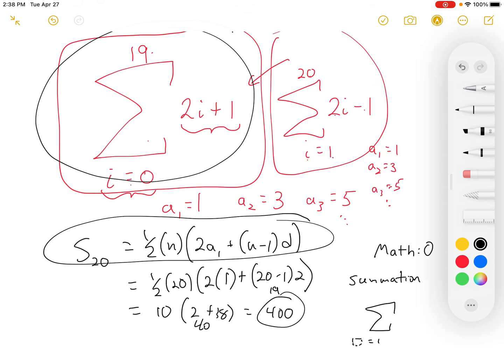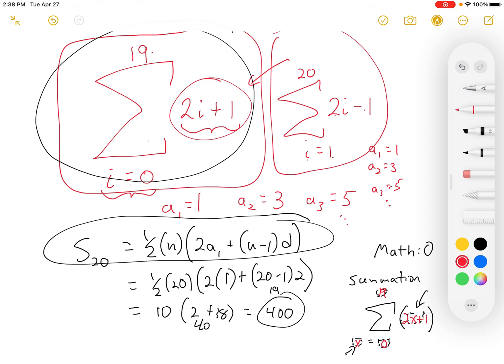You get a box equal a box over a box, and then you have parentheses with a box. So what goes here is your formula. What goes here is your variable, which we would use x in this case, because that's easier on the calculator. So you type in 2x plus 1 if you're going to use this one, but you would go x equals 0 and end at 19.